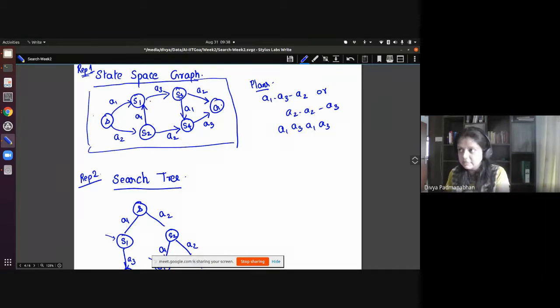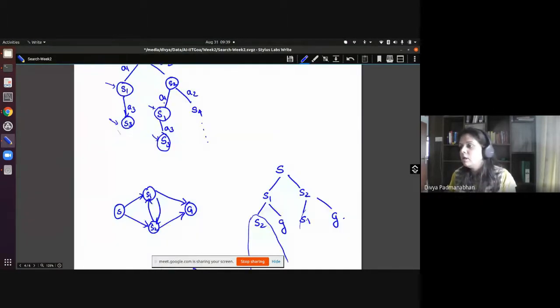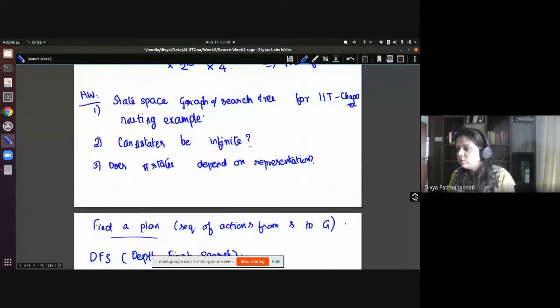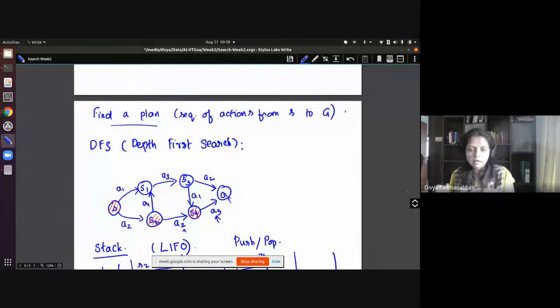You write a function to generate this: at a state, if you have this action, where do you land up? The successor function itself, you generate as you go on, rather than storing this entire graph in memory. And that was what we did. And we also saw one algorithm to find a plan.